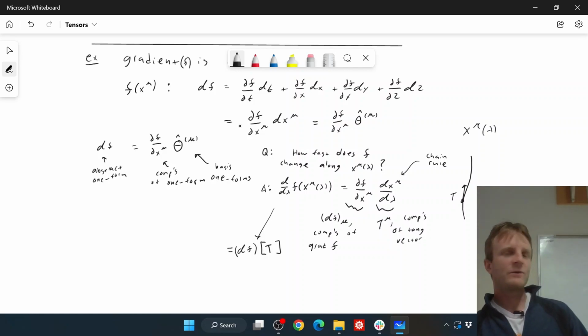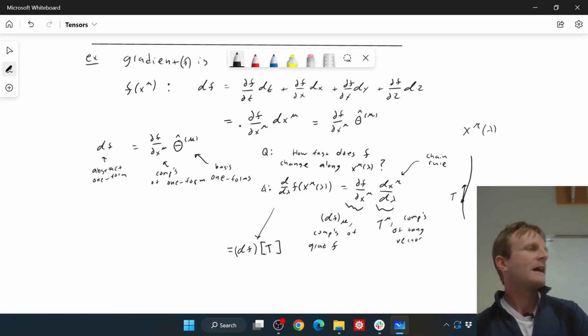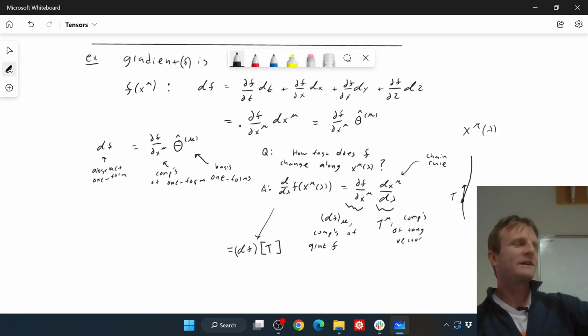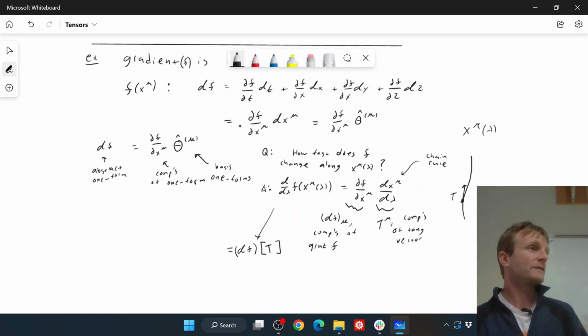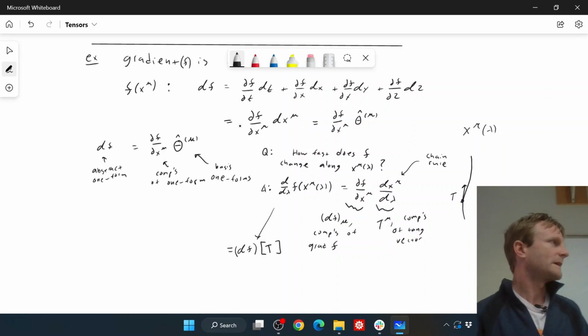That thing someone provided tells you how fast you move along the manifold, if you like, along the space. You give me a lambda and I give you an x. You give me lambda plus 1, I give you a new x. That defines it. And if you want to know how f changes along x, the relevant thing to do is take the lambda derivative. The physics of that depends on what lambda is, but abstractly, the only way to ask the question mathematically, how does f change along the curve, is df d lambda. I'm just showing how the gradient relates to that.